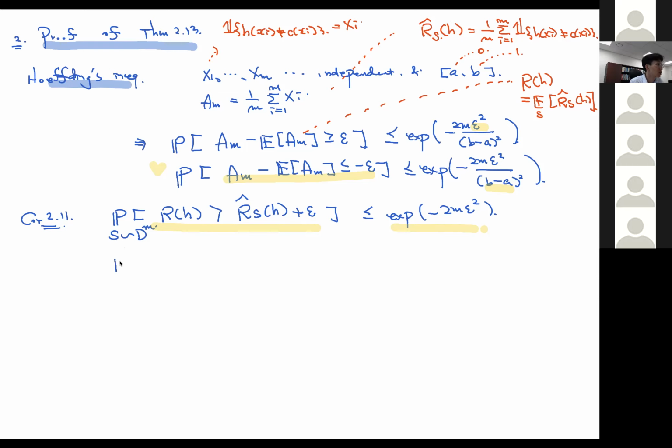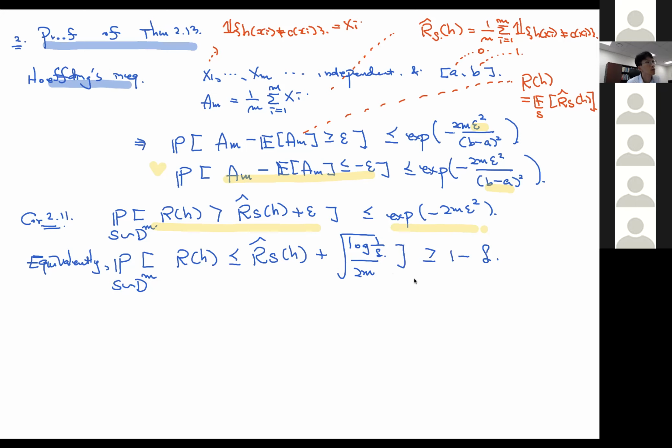The probability is equivalently the same as the probability that the risk of h is bounded by the empirical risk plus the square root of 1 over 2m times log 1 over delta, and that's going to be greater than or equal to 1 minus delta.